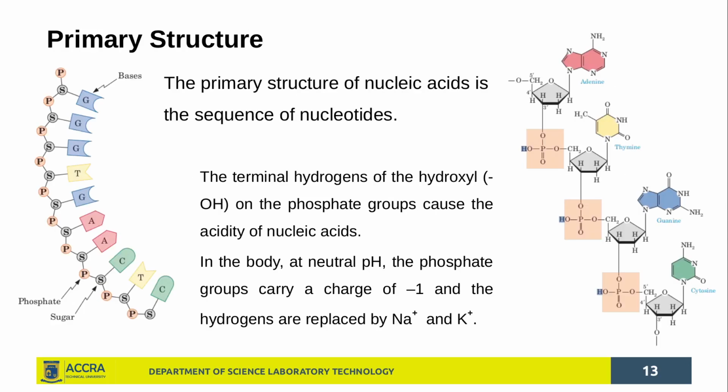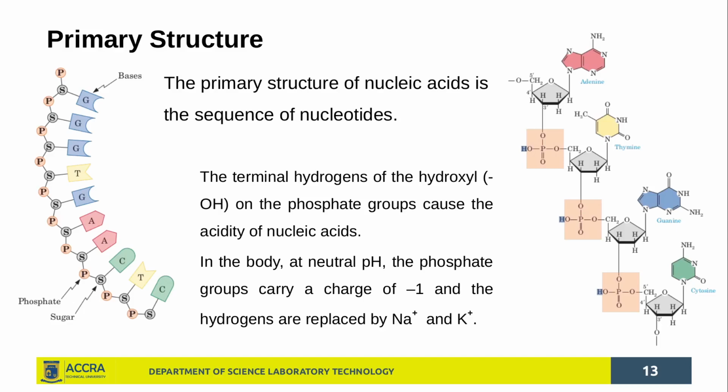Now, we have talked about the nucleotides as the basic units or the monomers of nucleic acids. And we also said from the beginning that nucleic acids are polymers of these nucleotides.